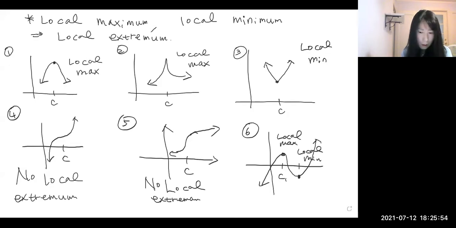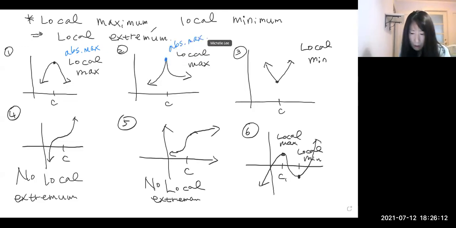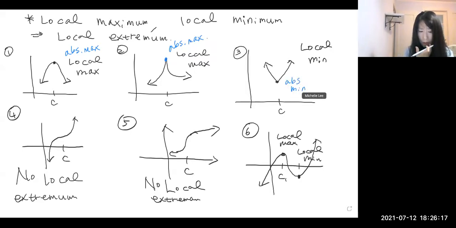So this one, we can say that it has an absolute max. And then number 2, yes, and 3 has an absolute minimum. Yeah, absolute minimum. Good. Excellent. So you understand the differences between local max, local min, and absolute maximum, absolute minimum. Very good. All right.